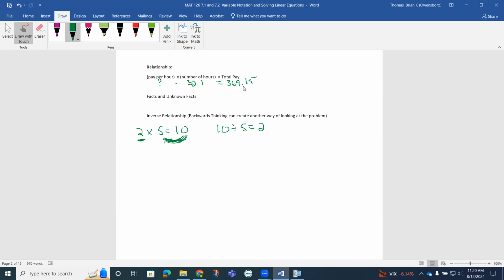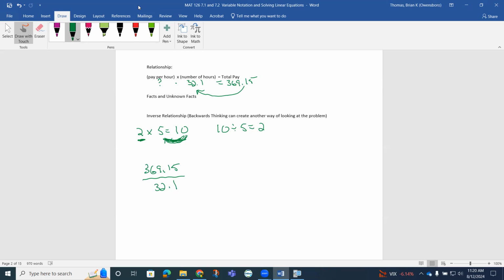So if I go backwards, my total pay, if I divide that by the number of hours I worked, that's going to give me my hourly pay, my unit rate, if you will. So what I'm picking up on then is if I have the 369.15, if I divide that by the 32.1, that's going to give me my pay per hour.